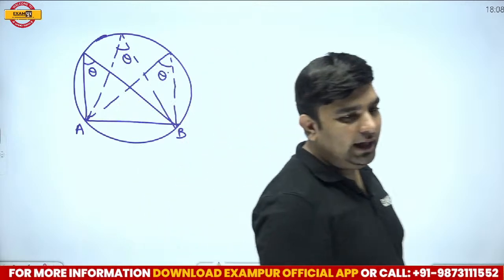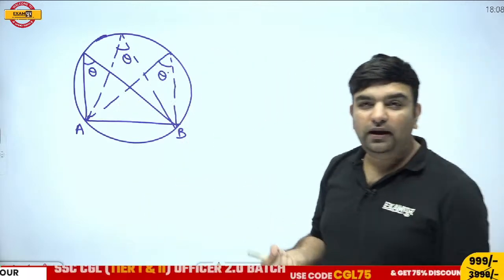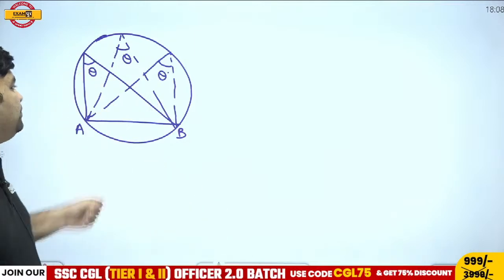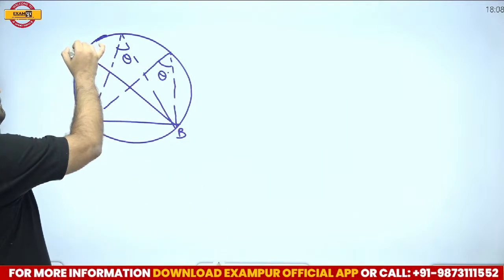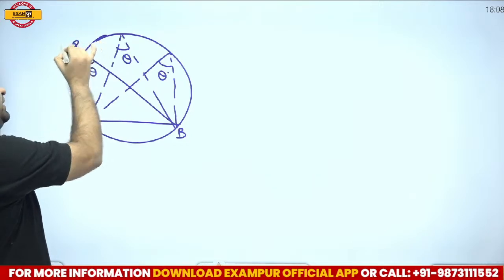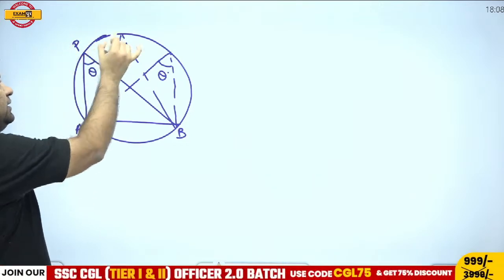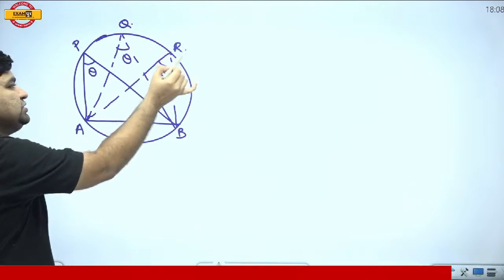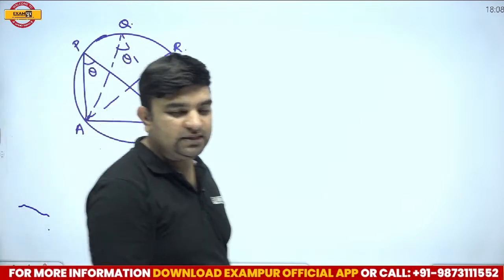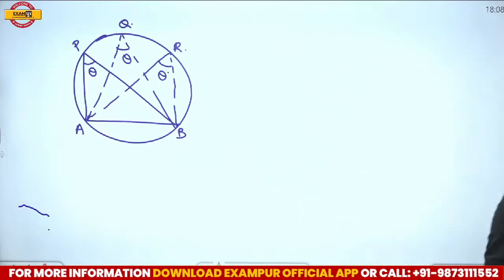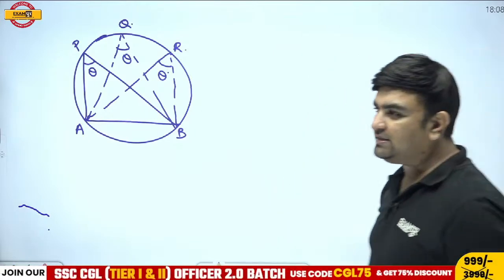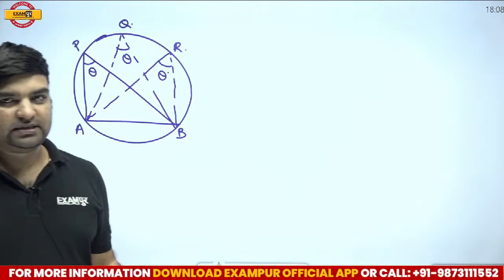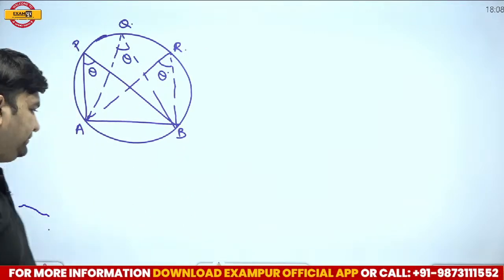If a chord AB has subtended theta at any point on the circumference in the major arc, it will subtend the same angle theta at any other point on the circumference in the major arc.